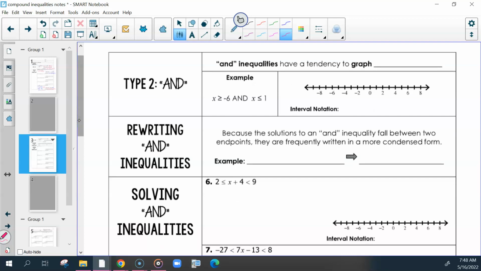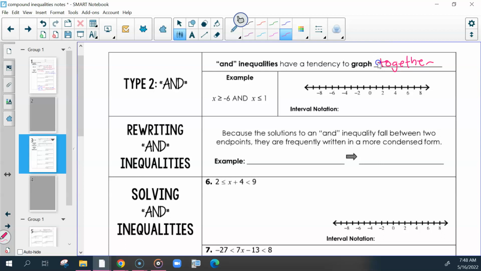Remember that and or inequalities are opposites. So if or inequalities graph apart and inequalities graph together, they usually face each other. So if we have this example, I'm going to draw these as two separate things and then make it a combined thing.